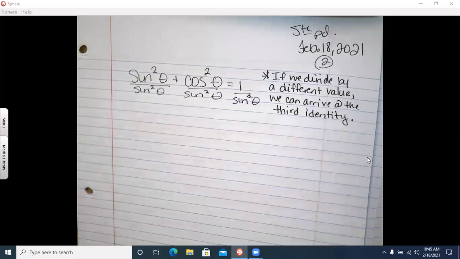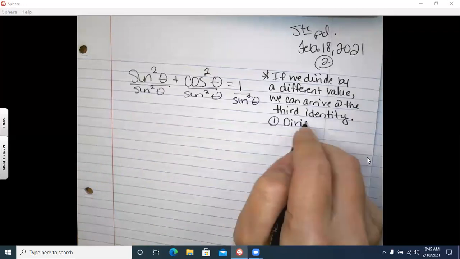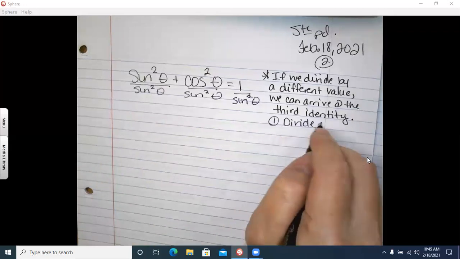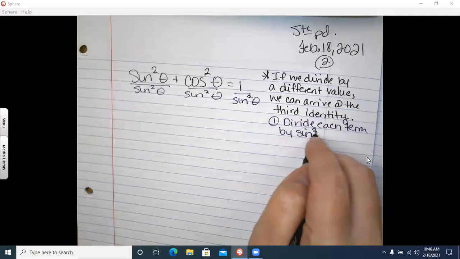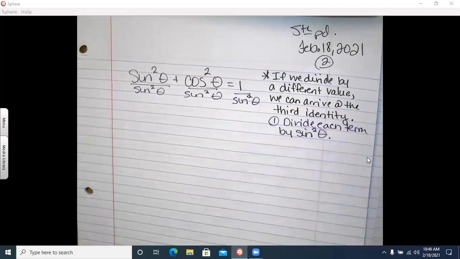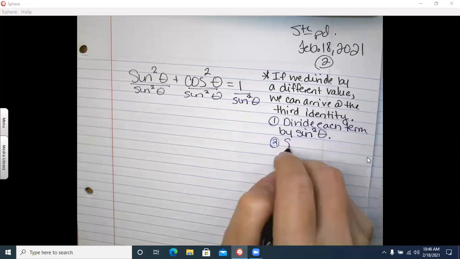So step 1, divide each term by sine squared of theta. And then next thing we're going to do is simplify each term by using substitution.